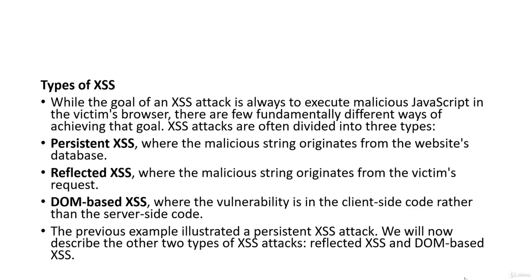So in the case of reflected XSS, only the particular link will be infected. Whenever any user visits that link, they will get infected, but the whole range of users who visit the website will be unaffected. We'll just see about this persistent and reflected XSS attack in this lecture.